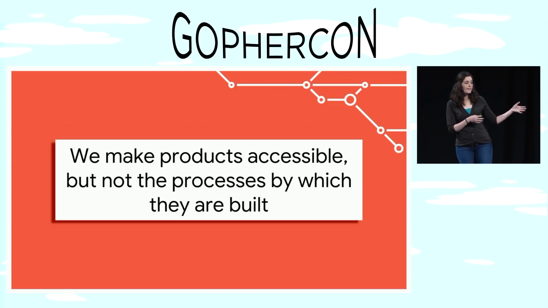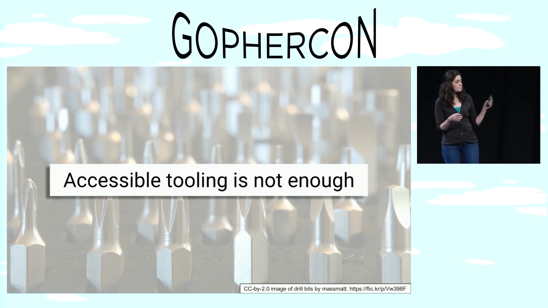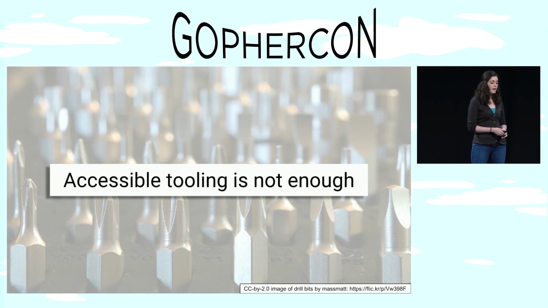How can I close that gap between the capabilities of my body and my environment, in this case, my development environment? And accessible tooling just isn't enough. I'm never going to be able to read code as rapidly with VoiceOver as I would like to.